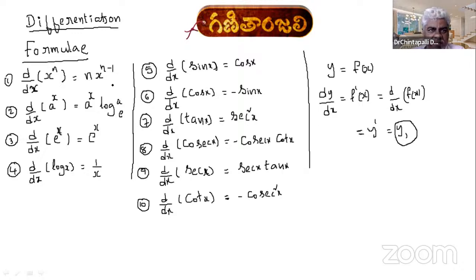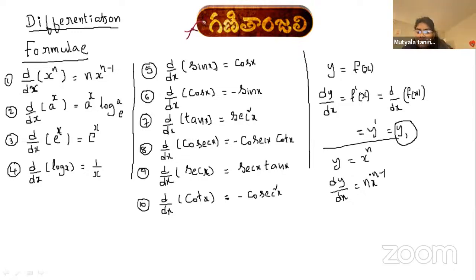Here we use the word d by dx of x to the power of n, right? d by dx of x to the power of n is equal to n times x to the power of n minus 1. Got it? Yes, sir. Now the same statement can be written like this: y is equal to x to the power of n, then dy by dx is equal to n into x to the power of n minus 1.